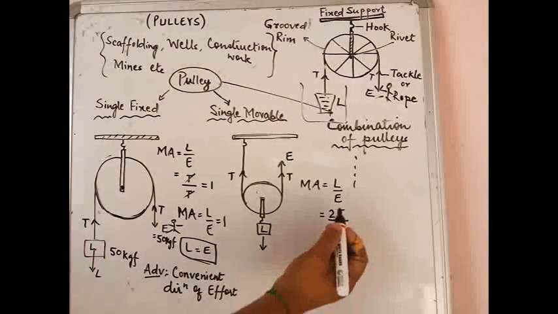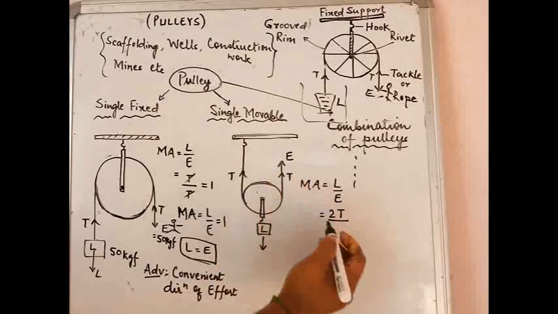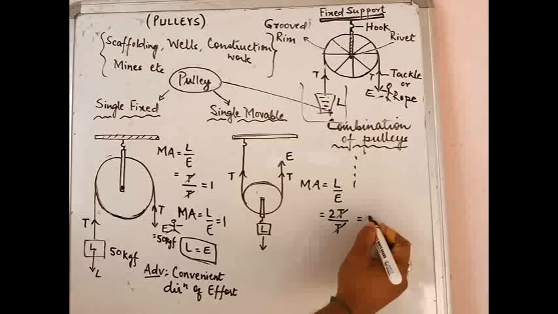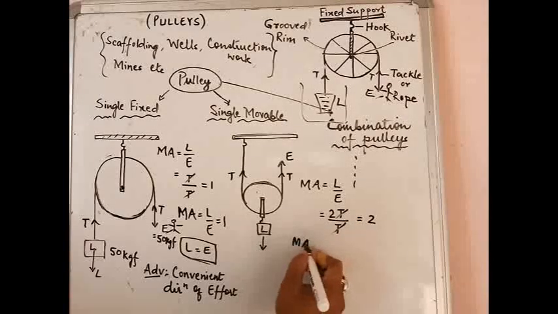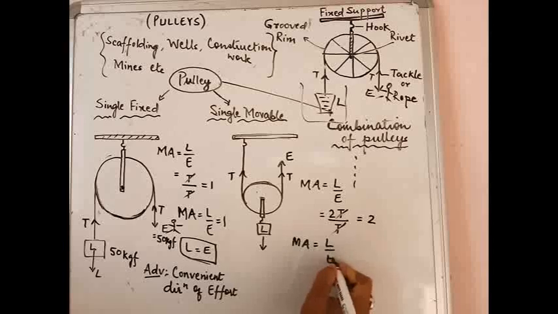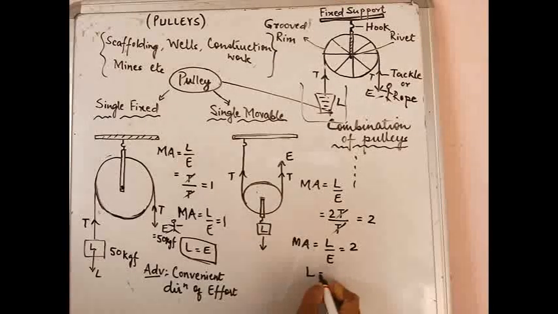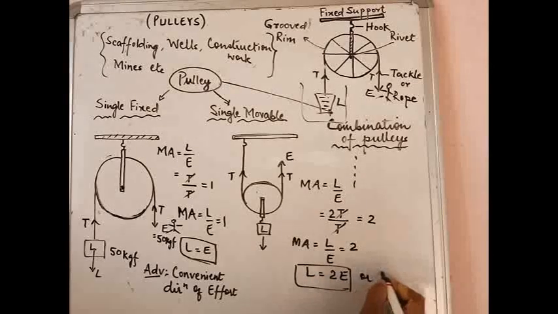Obviously the E side is the same single tension, so T and T get cancelled. You get the mechanical advantage L upon E as 2. Again, we cross multiply just like we had cross multiplied here. So L is equal to 2E, or we can also say that effort is L by 2.